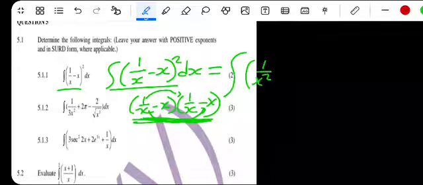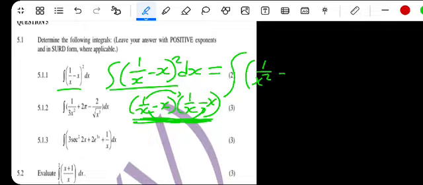When you multiply there, you will obtain negative 1. Remember, when you multiply minus 1 over x by negative x over x, you have negative x over x, so this will simply equal 1.